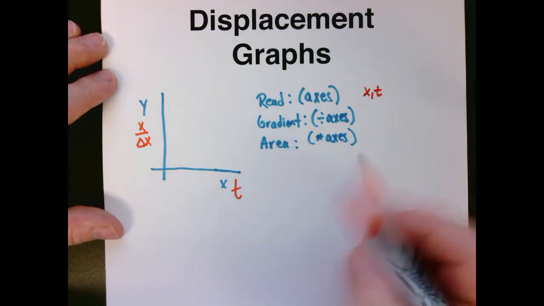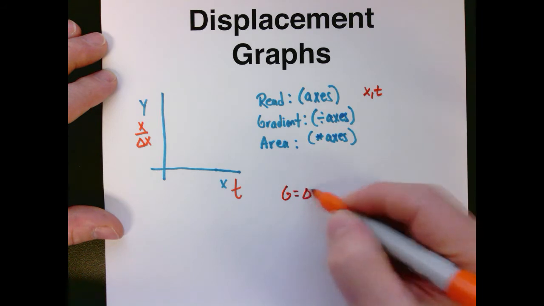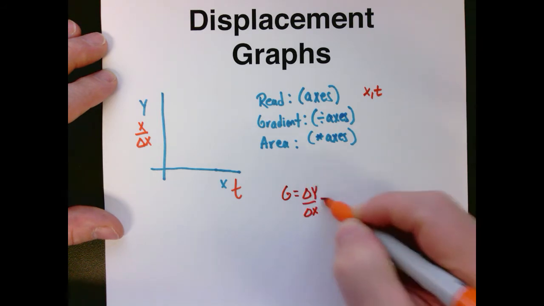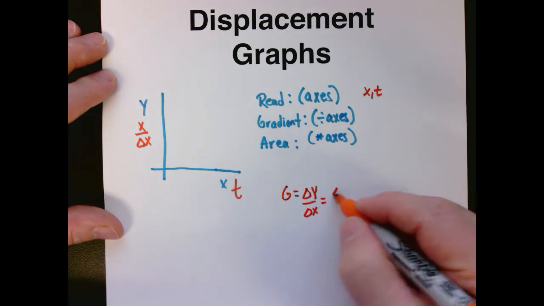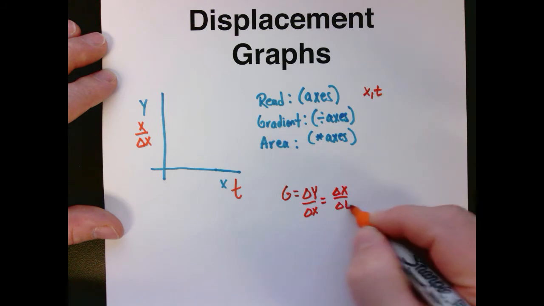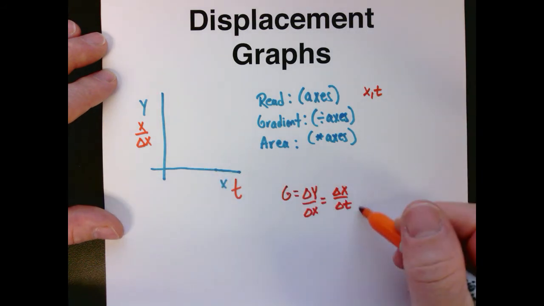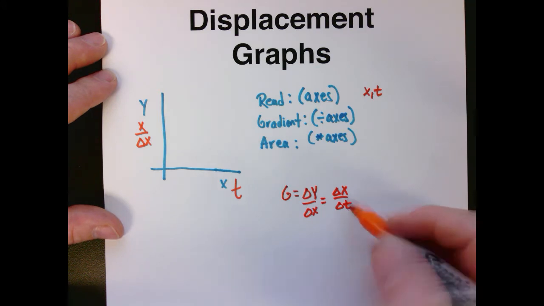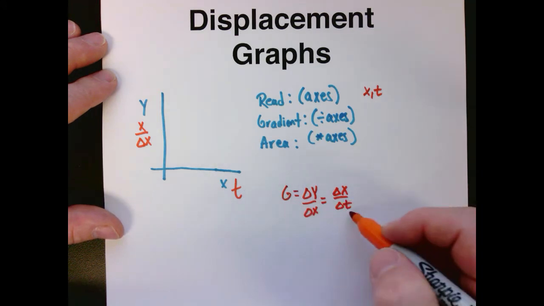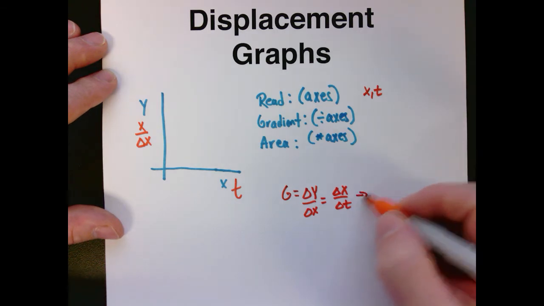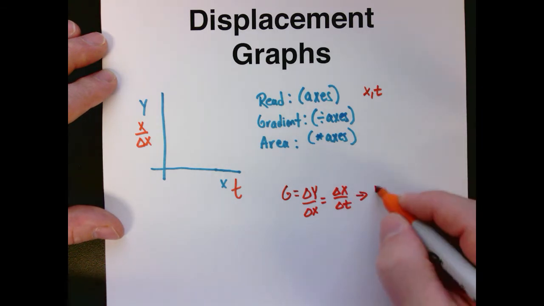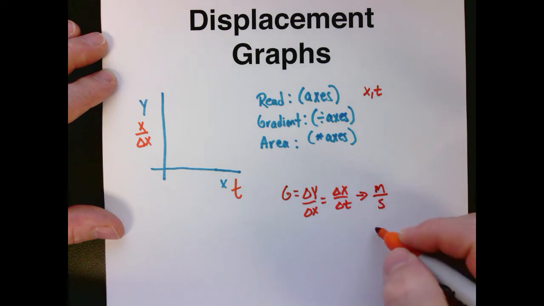The gradient is given as delta y over delta x, which is delta x over delta t. The y-axis is position given as x, and the x-axis is time, delta t. Now, if we then look at the units of this, delta x is in meters and time is in seconds.